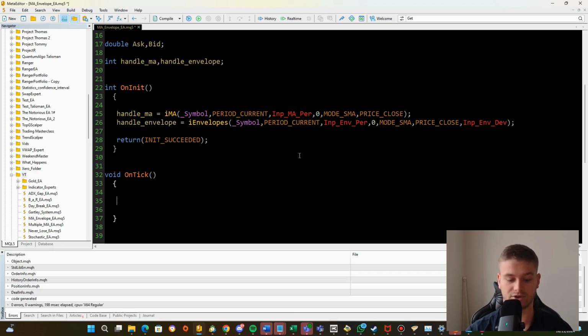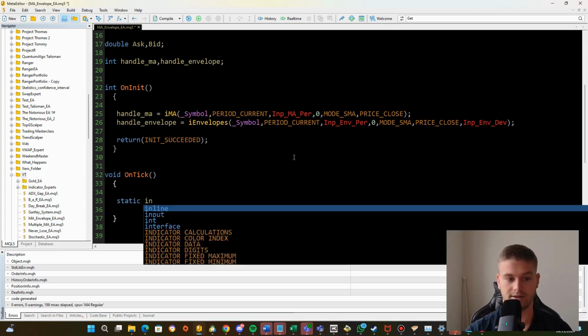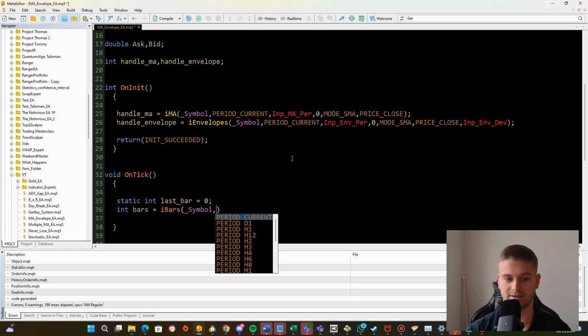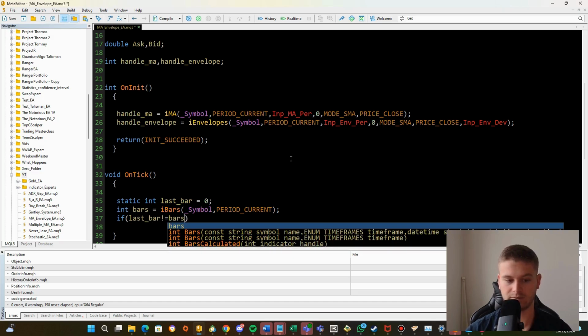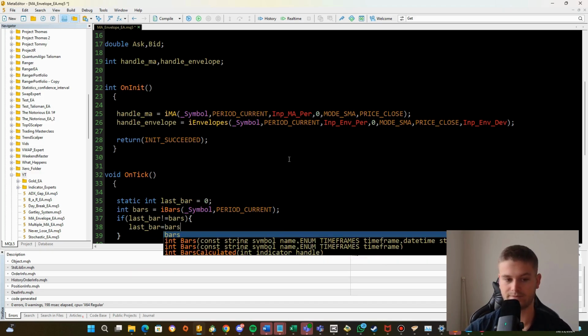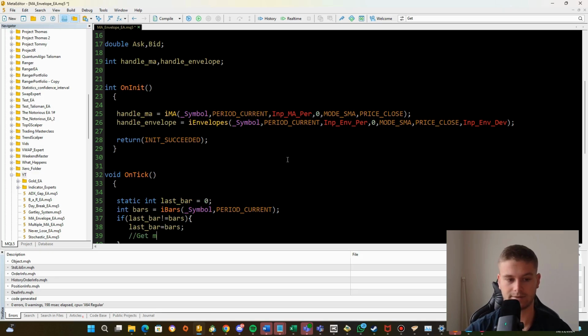So what I will do is that I will just create static integer last bar is equal to 0, integer bars is equal to iBars for the current symbol, current period, and I will say, so if last bar is not equal to the bars, meaning I haven't done anything on a new bar, or there was a new bar and I haven't done anything since then, I will update the last bar to the bars, and I will get my indicator values.